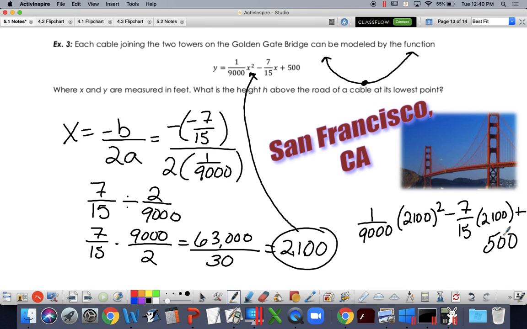So I don't know. You think Miss Sedlick can jump that high and touch it? I don't know what everybody's vertical is in here, but it's 10 feet off the ground.